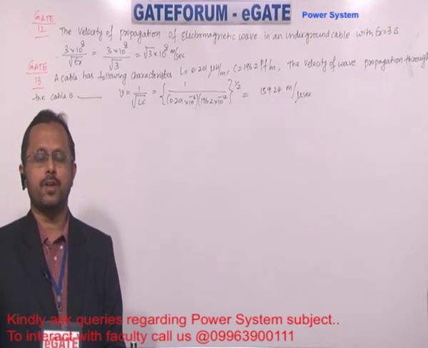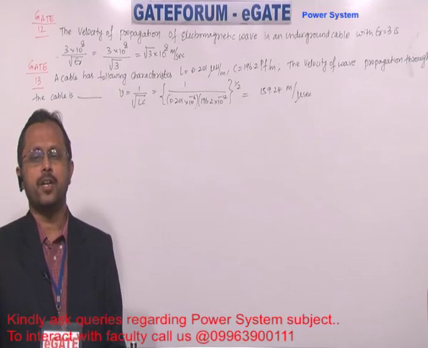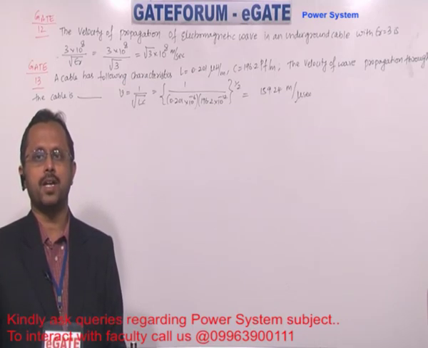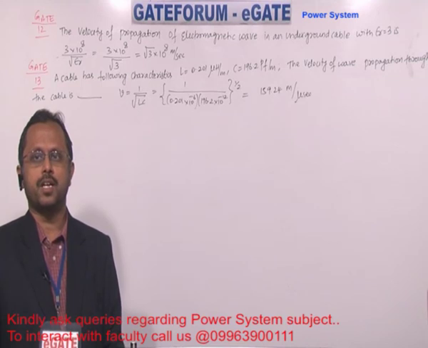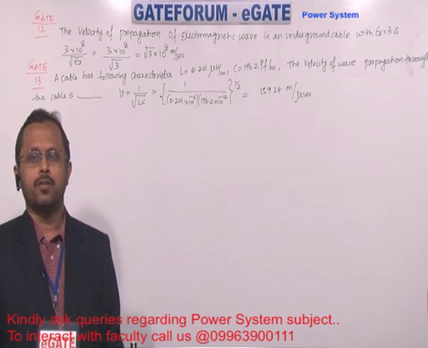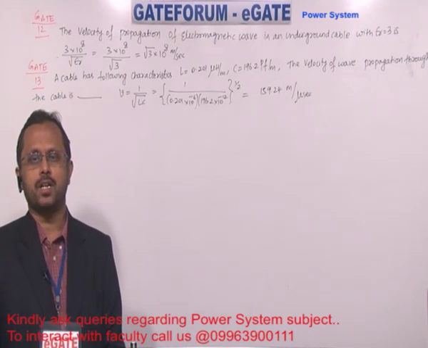Suppose you have a cable first and line further, accordingly you modify the formula. V double dash is V into 2 by Z cable divided by 1 by ZC1 plus 1 by ZC2 plus 1 by Z cable.